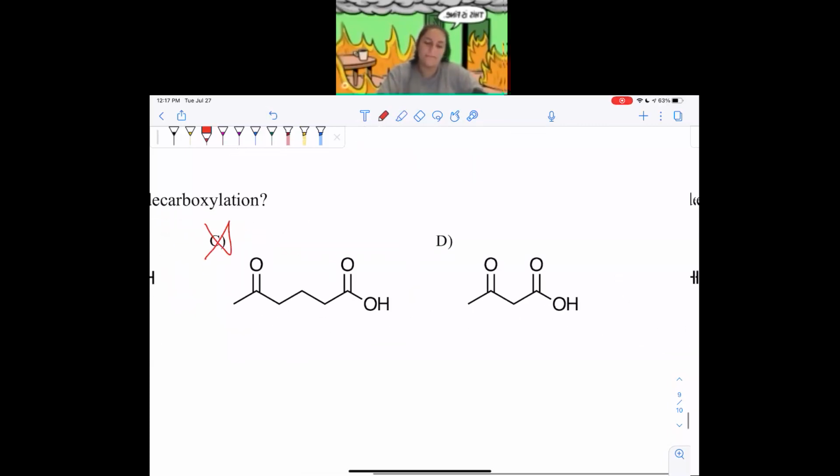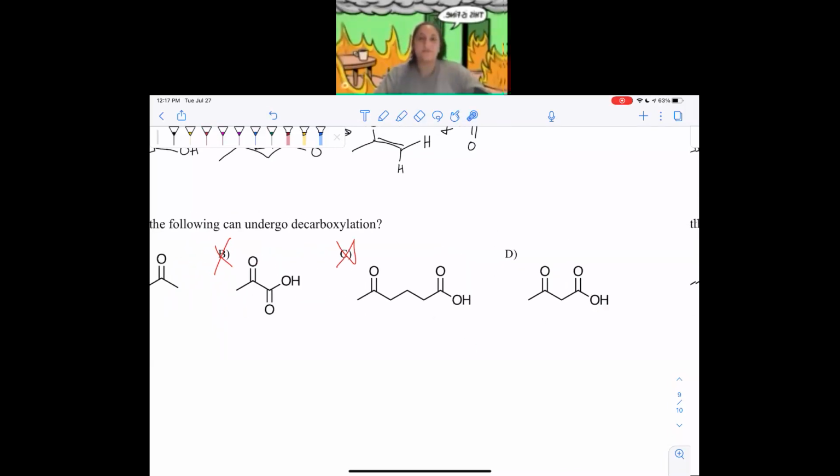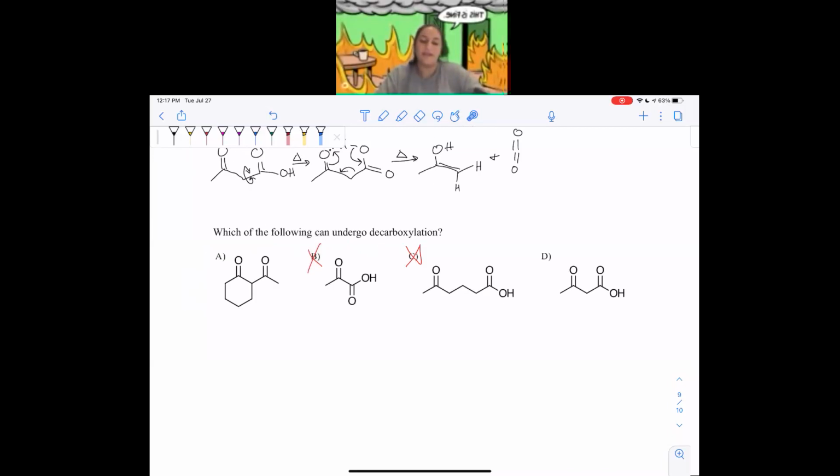They are not beta. Last but not least, are these two beta to one another? Yes, they are. Cool. So we're down to A and D. The last thing is at least one of these guys has to be a carboxylic acid. So which one is our answer? D. Awesome. I agree with you.